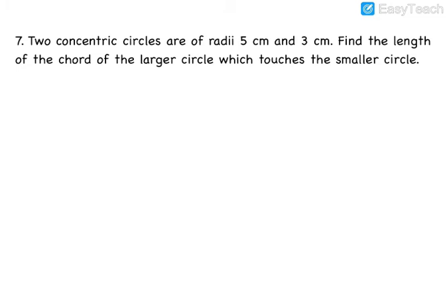Question number 7. Two concentric circles are of radii 5 centimeters and 3 centimeters. Find the length of the chord of the larger circle which touches the smaller circle. What do we mean by concentric circles? Two circles that have a common center but different radii. So let's draw these two circles.